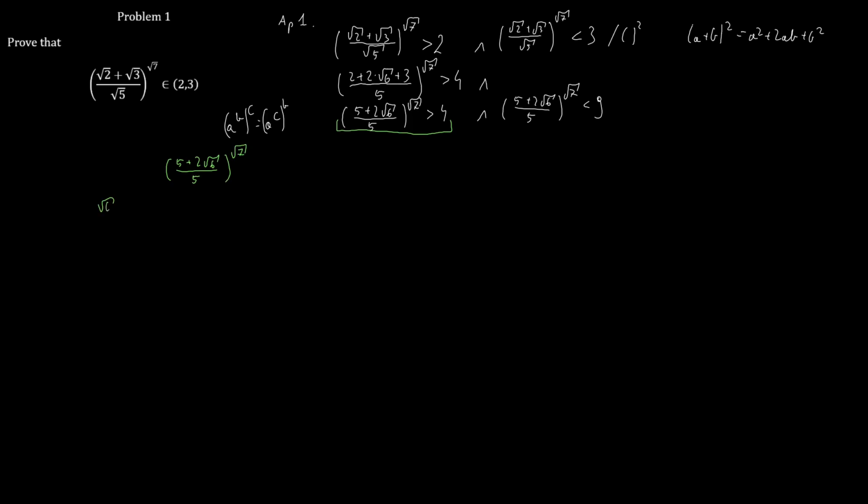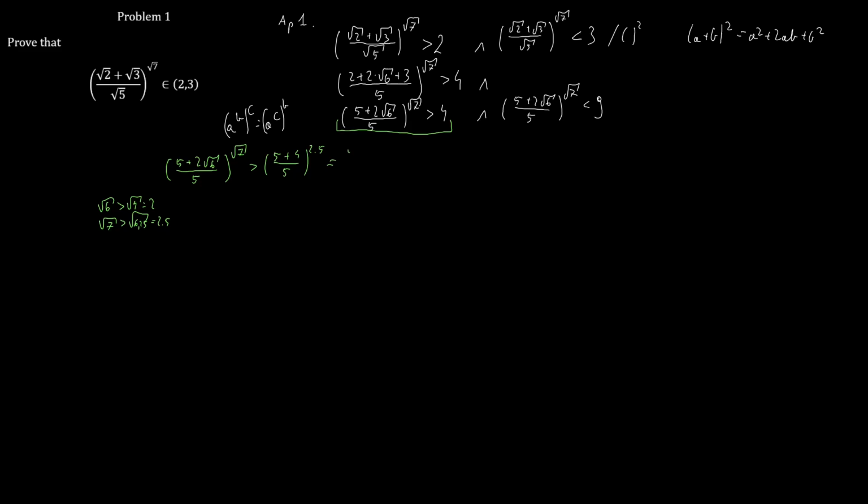We know that square root of 6 is more than square root of 4, which is 2, and square root of 7 is more than square root of 6.25, which is 2.5. So we can write that this thing is more than 5 plus 4 divided by 5 to the power of 2.5.